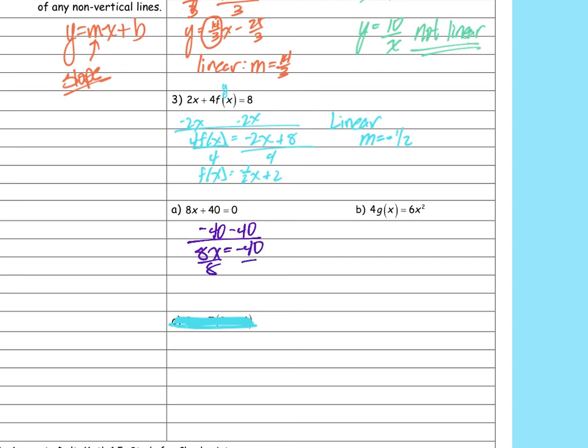Divide by 8. X equals negative 5. Is it linear? Not linear? Linear. Good. You guys are putting some answers in there. Thanks, Hunter, for putting in an answer. And since it's a vertical line, I don't have to find the slope because it's vertical. That's what the direction said. So I don't have to do that.